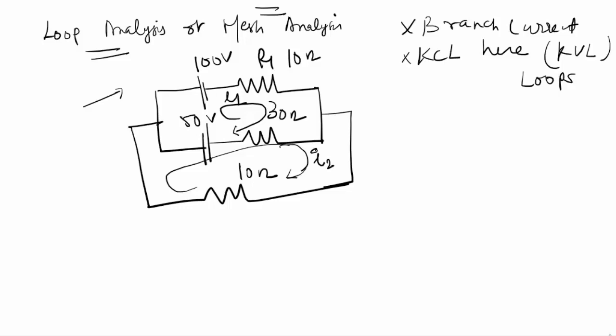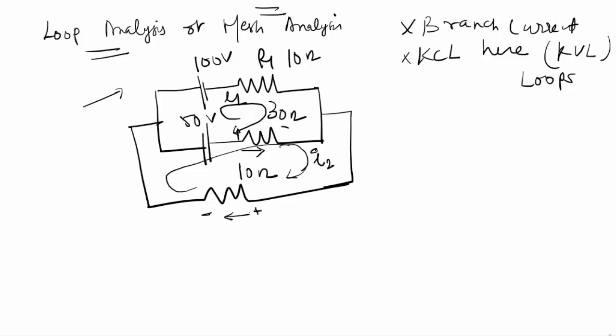When I'm moving through this loop, this is the direction of the current through this resistance, so there is a fall in the potential here, and again this is the direction of the current here. So there is a rise in the potential when I'm moving in this direction, so it's moving from plus to minus.